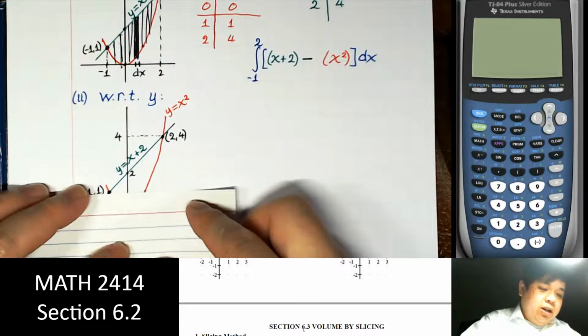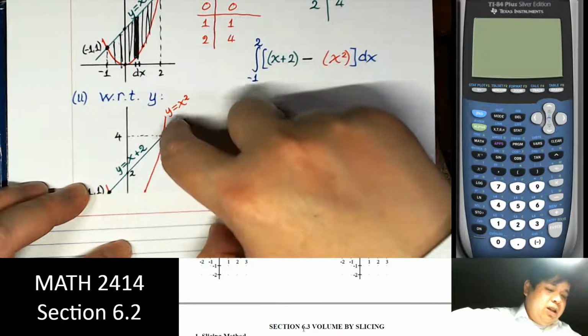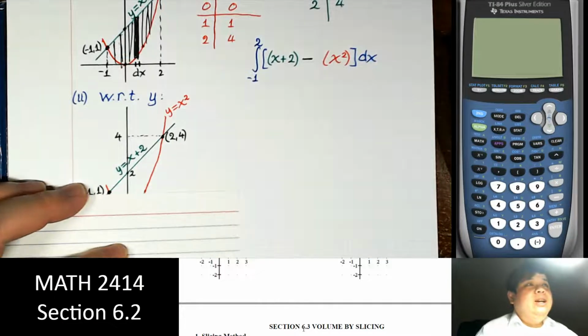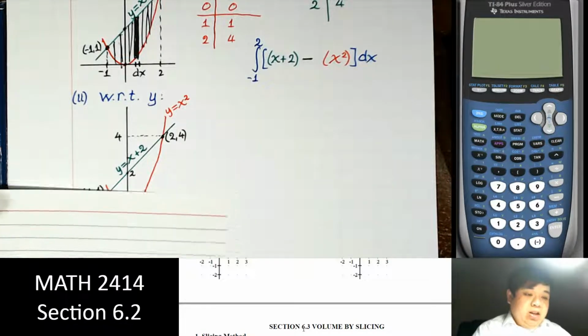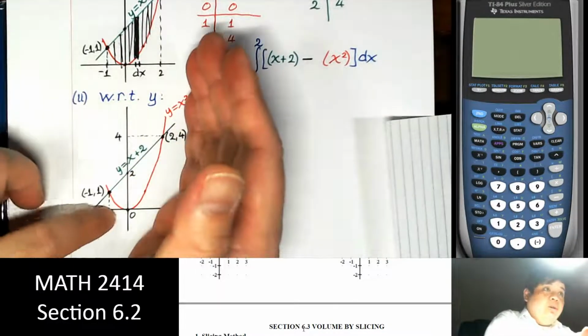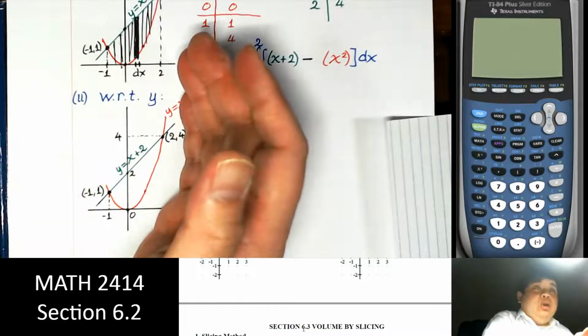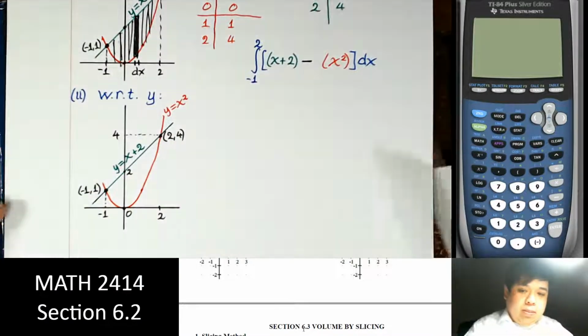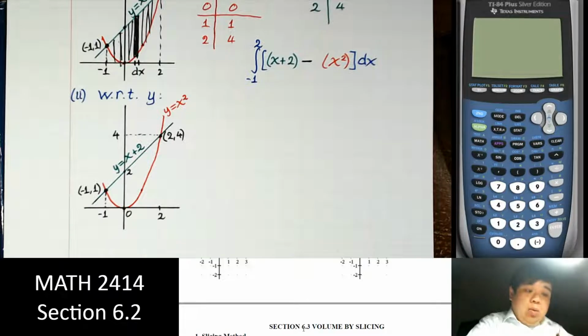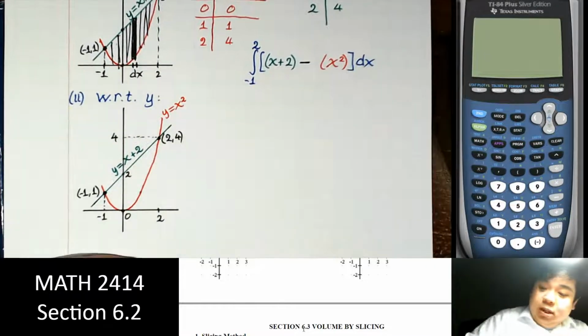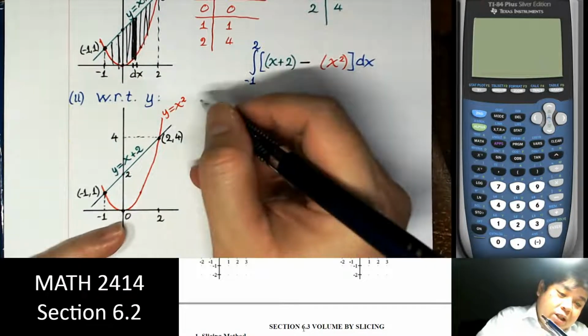Now for that one, from the left and on the right. Because we have two limits on the left hand side, we have to use two integrals. When we have more than one limit, there have to be more than one integral. So we're going to set up two integrals.